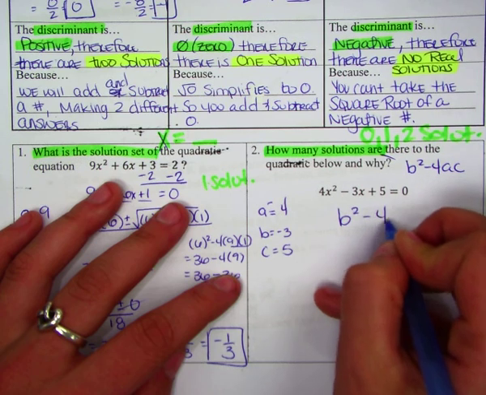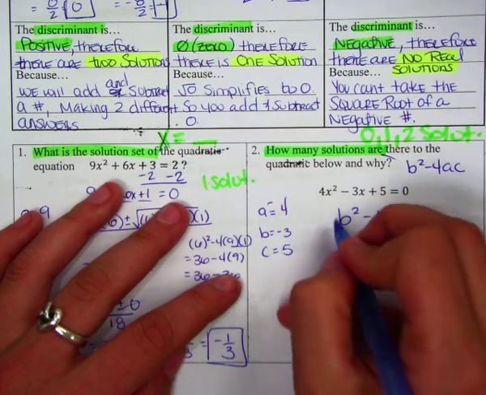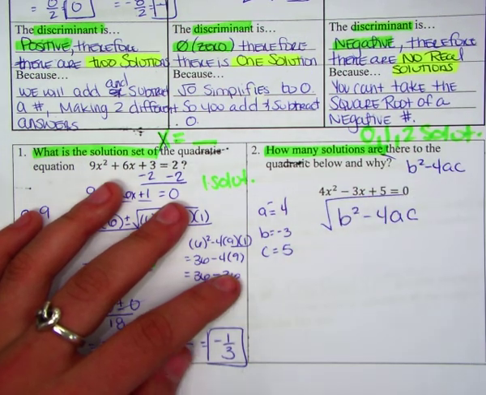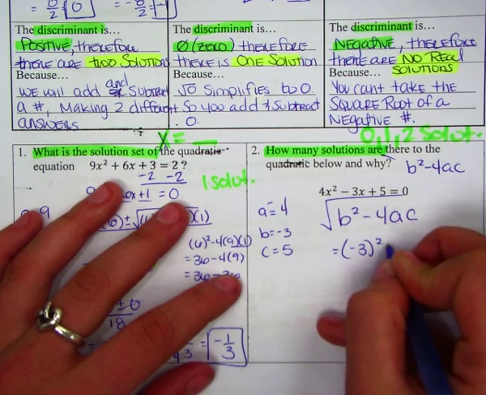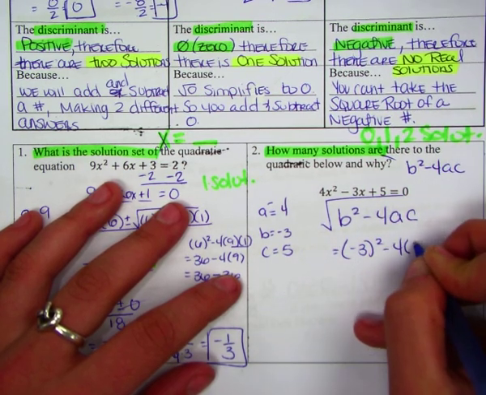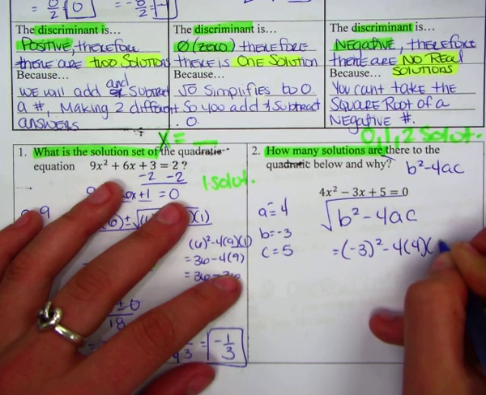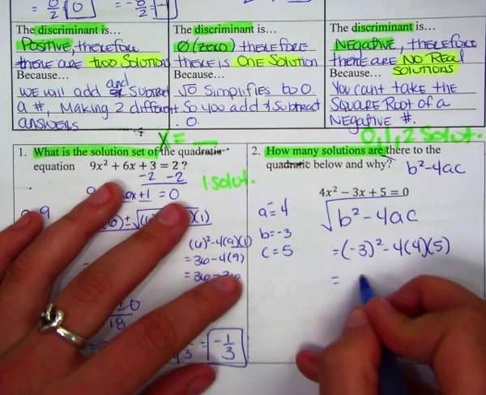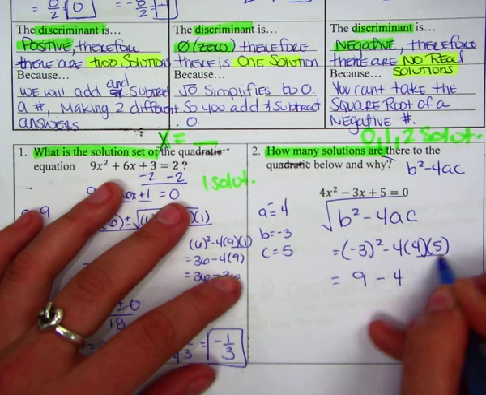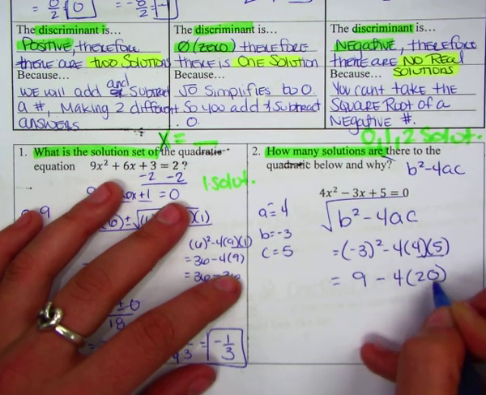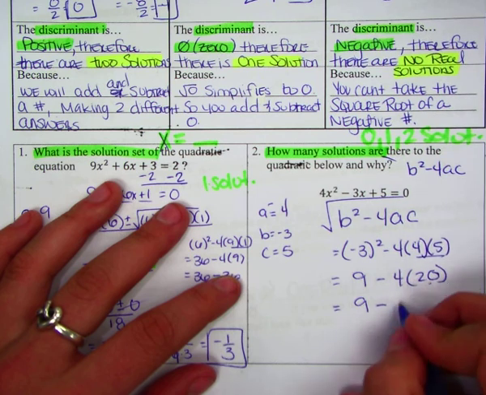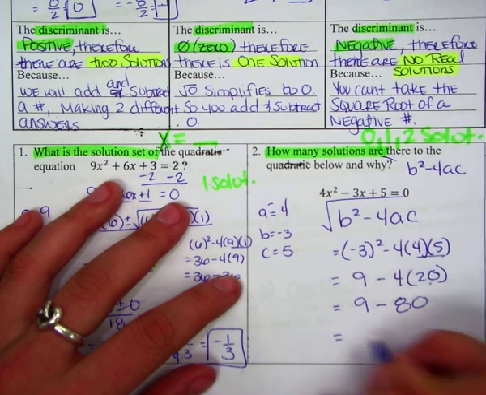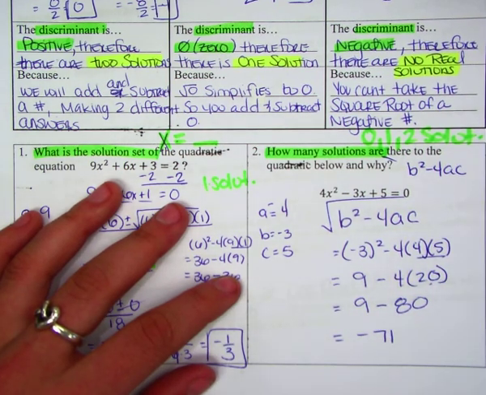We just need to check b squared minus 4ac, because remember that's part of the square root. Negative 3 squared is 9. 4 times 5 is 20. 4 times 20 is 80. 9 minus 80 is negative 71.